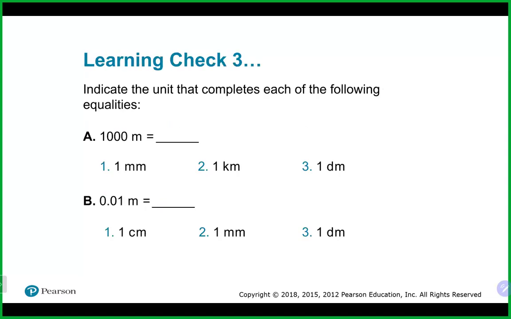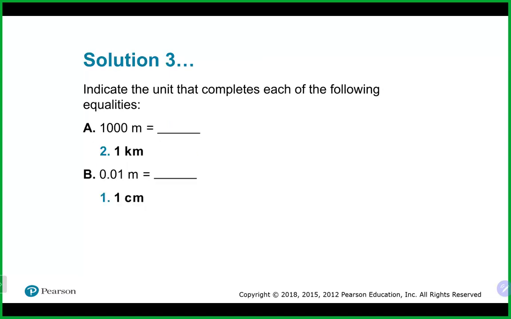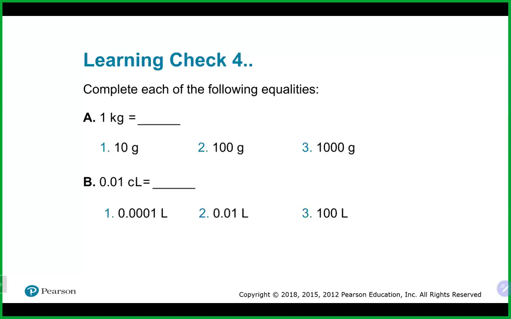All right, so 1,000 meters is equal to a kilometer, right? And 0.01, which is basically 10 to the minus 2, is a centimeter in this case. And obviously 1 kilogram is 1,000 grams, and 1 centiliter, or 0.01 centiliters, is equal to what in terms of liters?